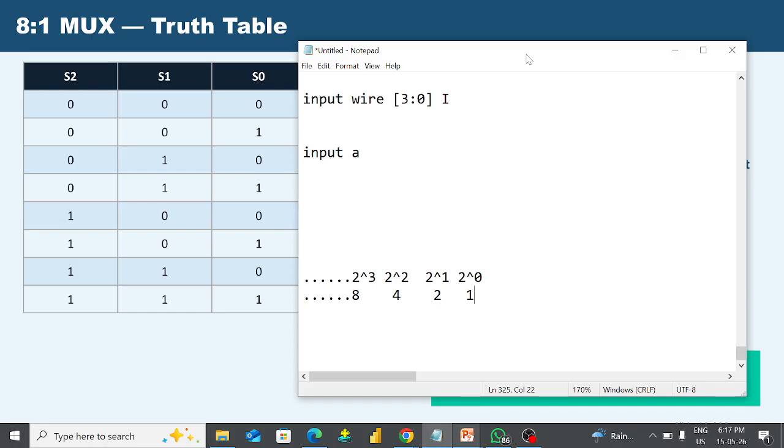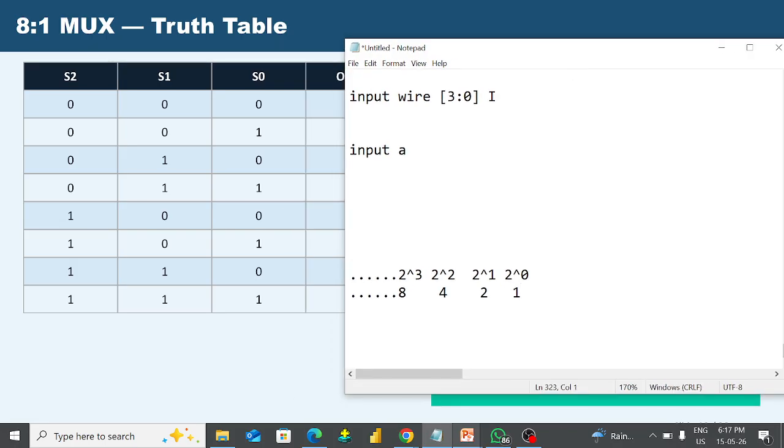So see here. Now consider these as S2, S1, S0. Now all three select line values are 0 0 0. So S2 is 0, S1 is 0, S0 is 0.